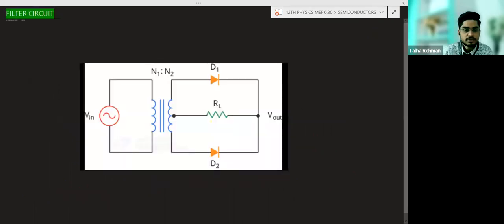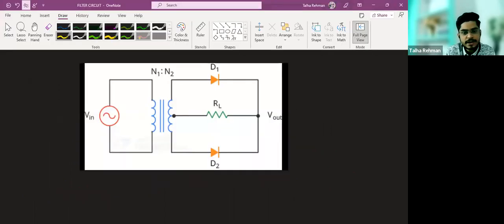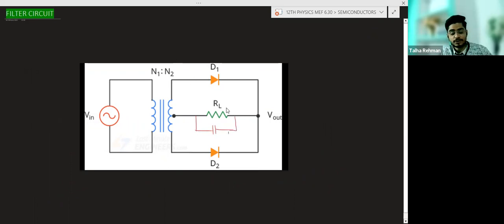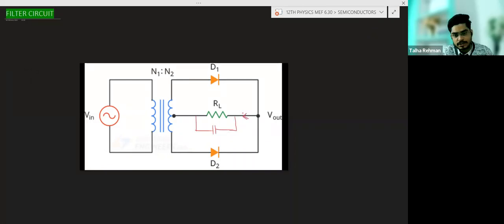So what we will do now? Here we will connect this load resistance with a capacitor. And we know that the capacitor blocks DC. Suppose this is the output current, and this output current is containing AC plus DC.